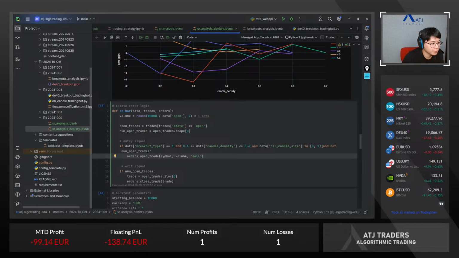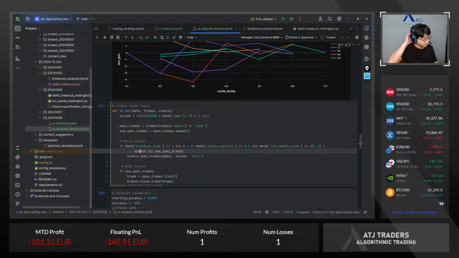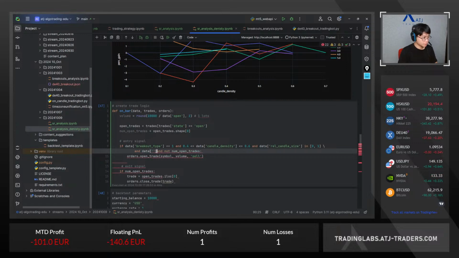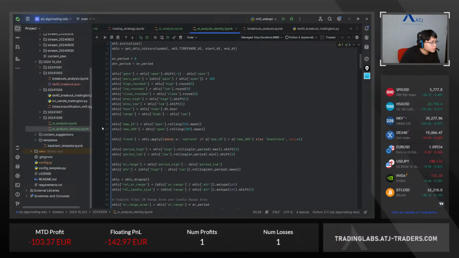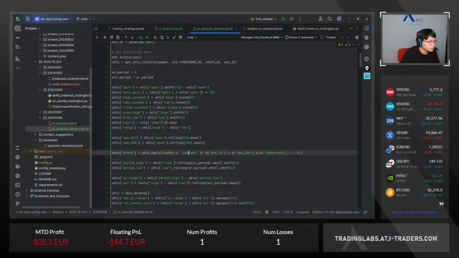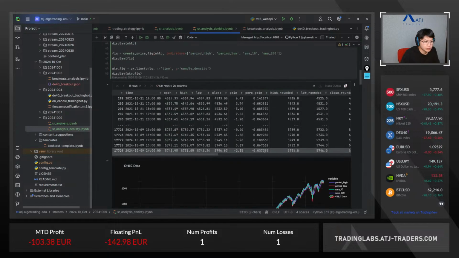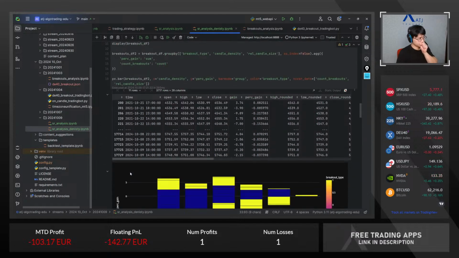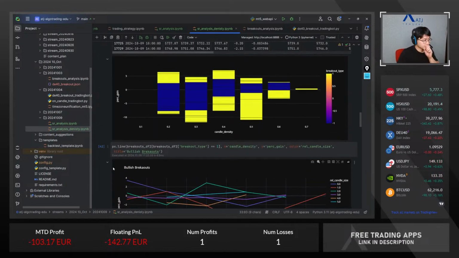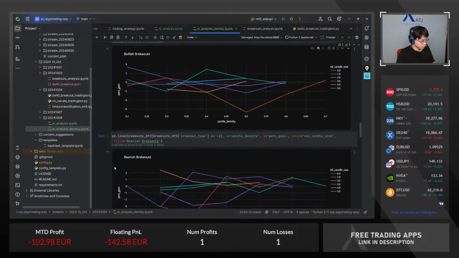So let's add another condition. The trend that we computed. Where's the trend? The trend is either uptrend or downtrend. So we are trading with a trend now. So we're trading against a breakout, but with a trend. So we're getting somewhere, I hope.